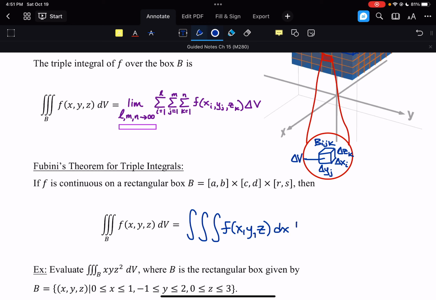We can have it dx, dy, dz, with x going from a to b, y going from c to d, and z going from r to s. And then, of course, with any order of integration.